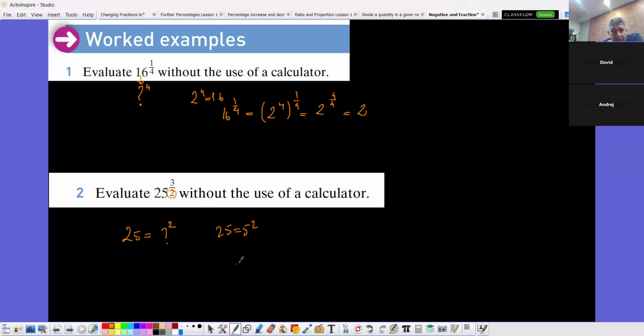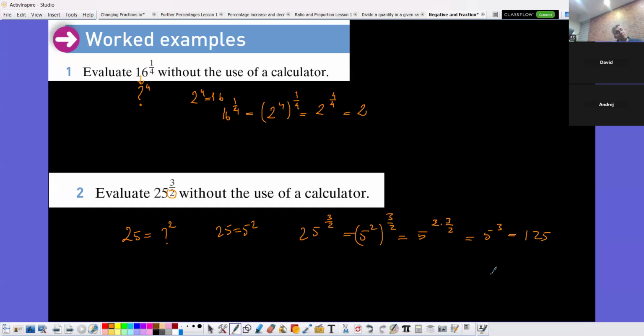If I rewrite this one, 25 to the power of 3 over 2 is equal to 5 to the power of 2, to the power of 3 over 2, which is equal to 5 to the power of 2 times 3 over 2. You simplify the 2 and 2, 5 to the power of 3, and then it's going to be equal to 125.